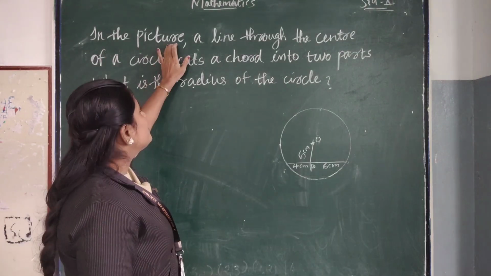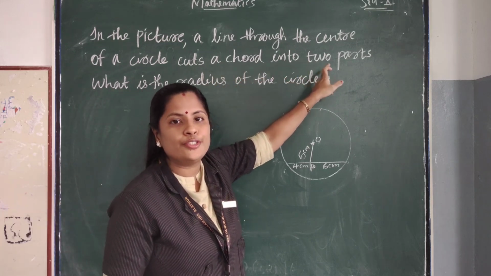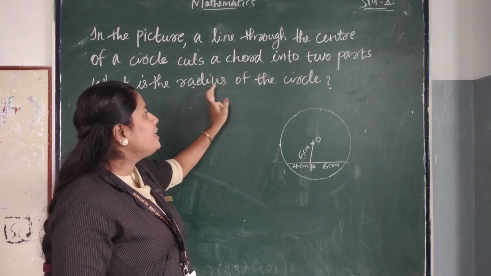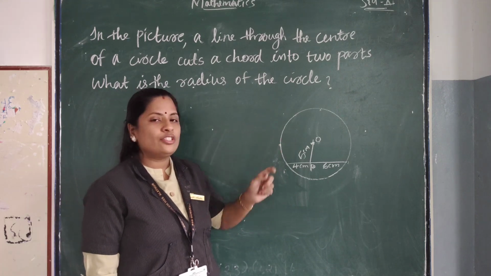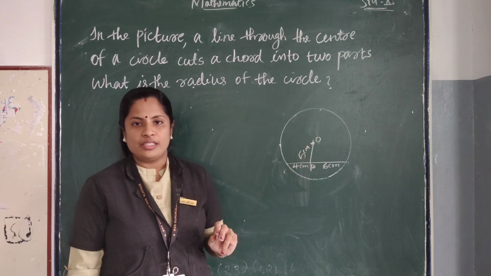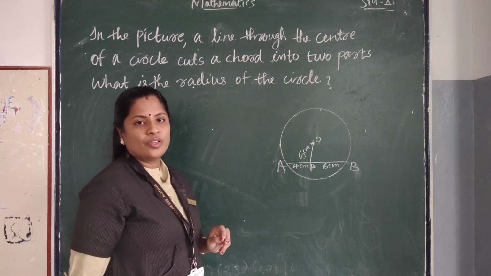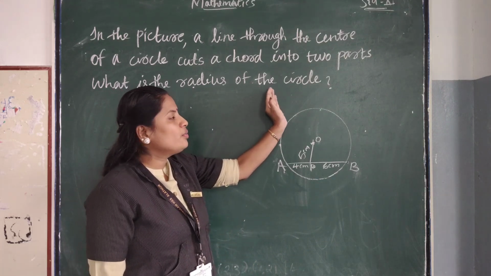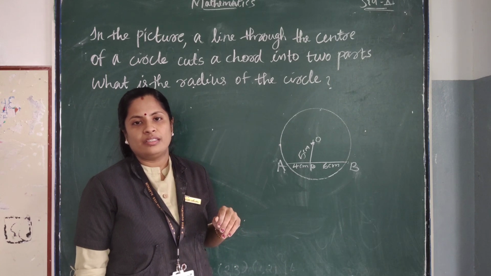Okay. In the picture, a line through the center of a circle cuts a chord into two parts. What is the radius of the circle? So here we have to find out the radius of the circle. Okay. So here O is the center of the circle and AB is the chord. How can we find out the radius of the circle?